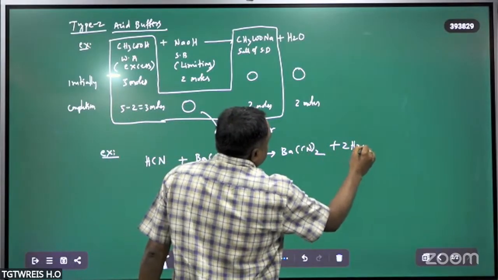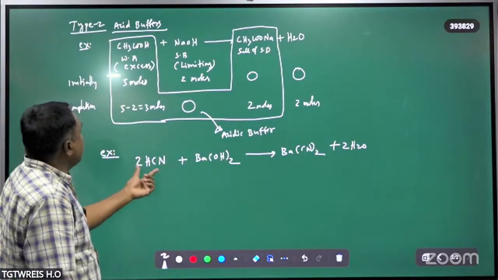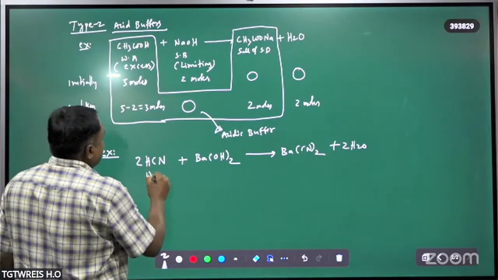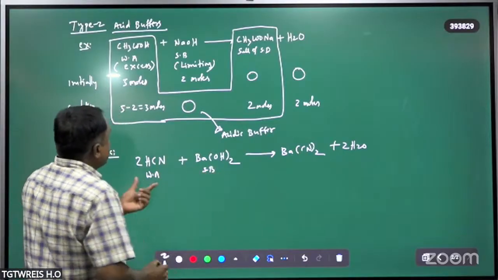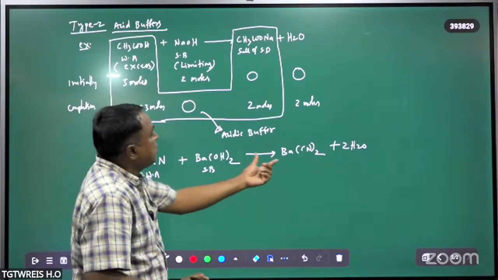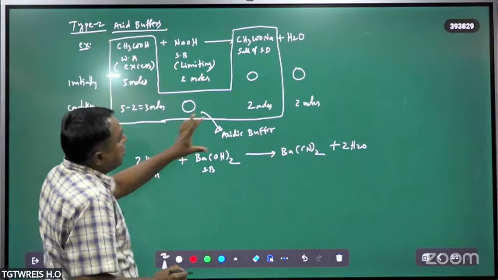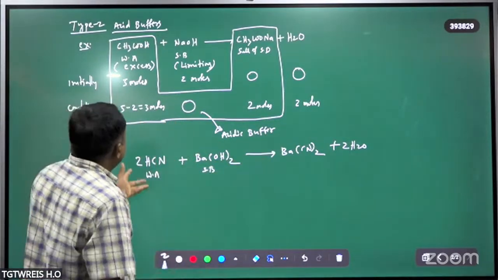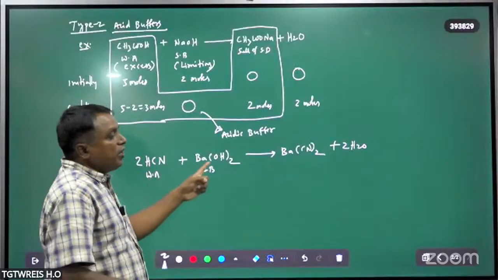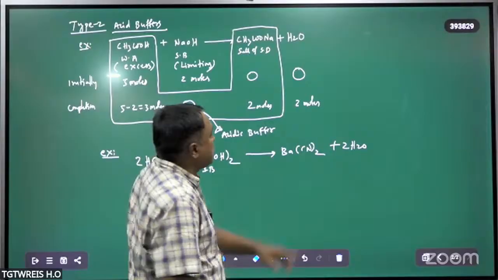So 2 moles of water, and this is the 2 moles now. Is this the weak acid or not? This is the weak acid, and this is the strong base. Now you will get Ba(CN)2. So the combination of HCN and Ba(CN)2 is acting as an acidic buffer.